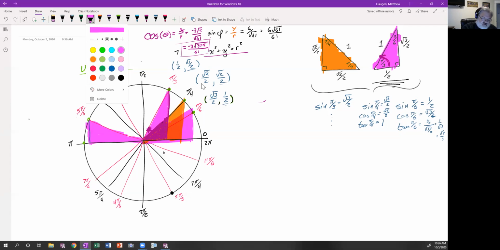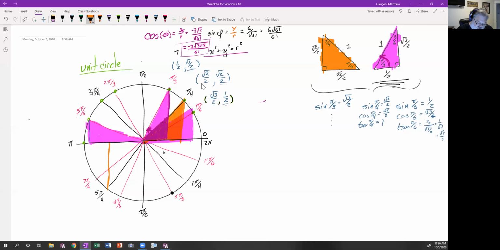That, I'm going to go with orange triangle, is going to fit on all of these pi over 4s. You notice we are always referencing our triangles to the x-axis, not to the y-axis. That is important to keep our x's and y's appropriate. But we can go all around just flipping and rotating these triangles to get all of these coordinates.